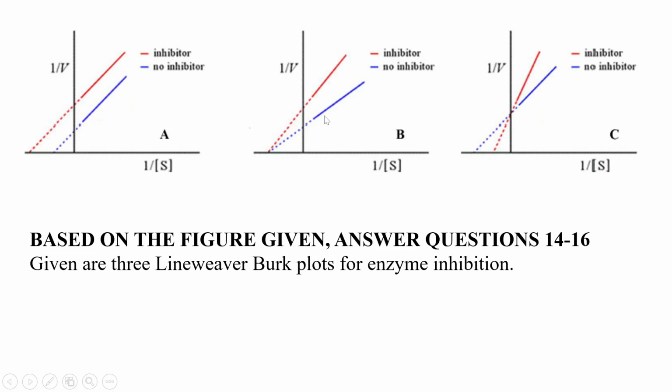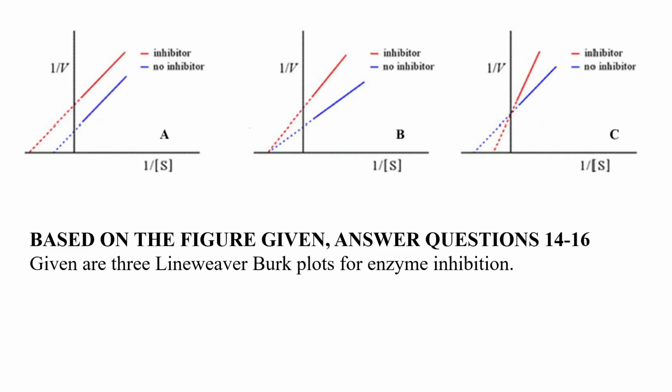Now in case of non-competitive inhibition, we have the Km constant and Vmax decreases. The Km does not change because the substrate binding does not get affected. The inhibitor can bind to both the free enzyme and the enzyme-substrate complex, so substrate binding is not hampered. Thus the Km is constant, only the Vmax is decreased.